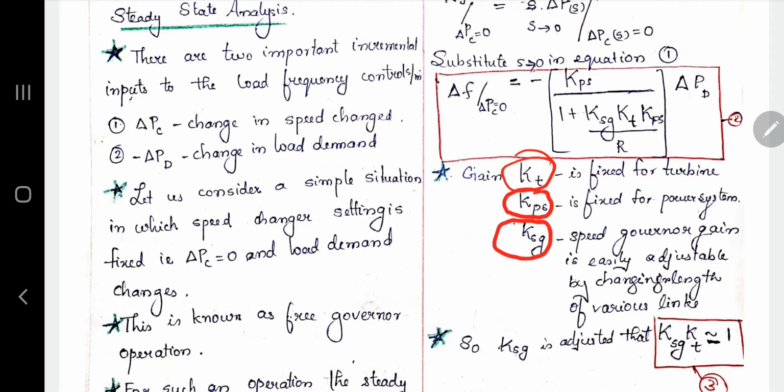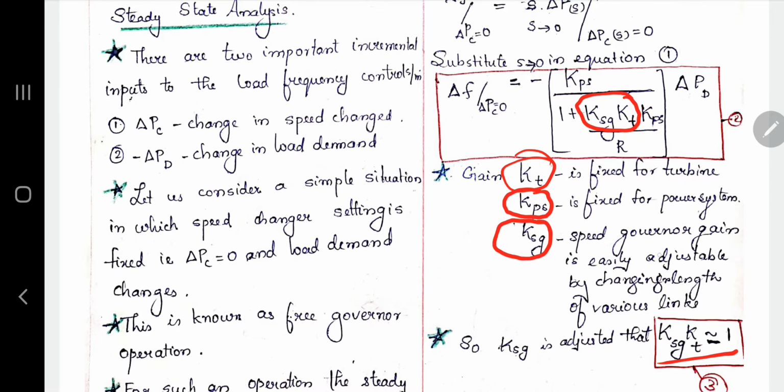The speed governor gain can be adjusted by changing the length of the various links. So this can be adjusted such that KSG into KT is approximately equal to 1. We have to adjust the speed governor gain to make such a value. Okay, and if this is done, that is equation number 3, then our equation becomes like this.